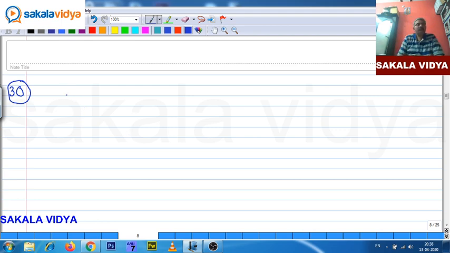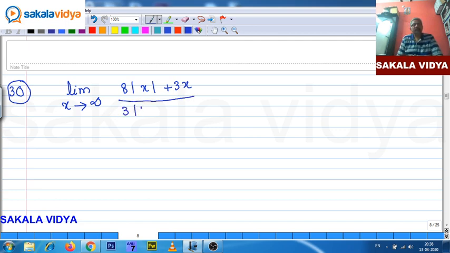Limit x approaches to infinity, 8 mod x plus 3x upon 3 mod x minus 2x.